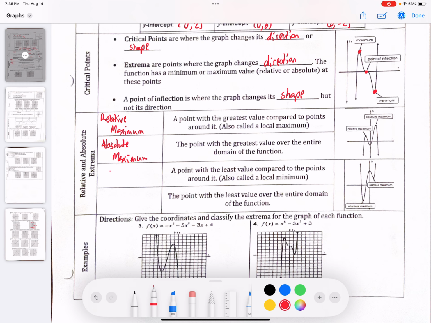And a point with the least value compared to the points around it is called a relative minimum. And then the point with the least value over the entire domain of the function is the absolute minimum.